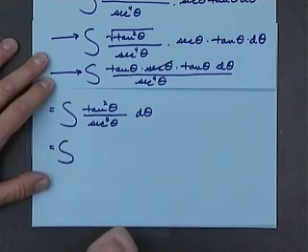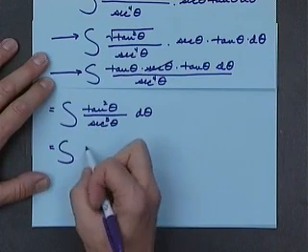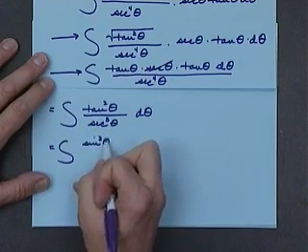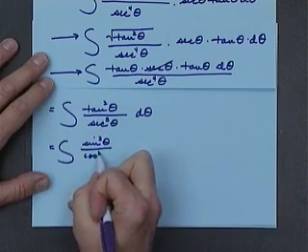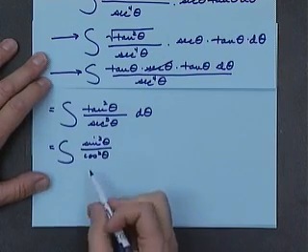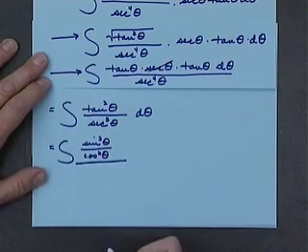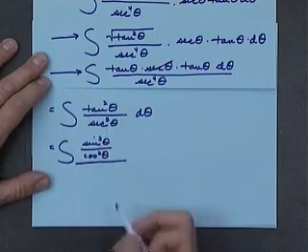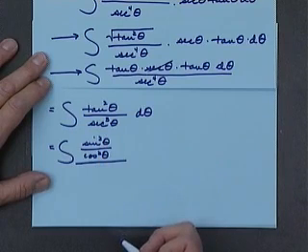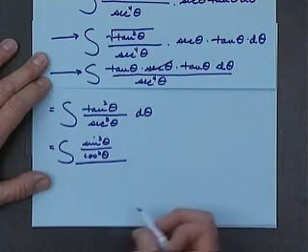So tangent squared is sine squared over cosine squared, and that's divided by secant cubed. What is secant cubed in terms of sine and cosine? Secant is 1 over cosine, so secant cubed is 1 over cosine cubed.